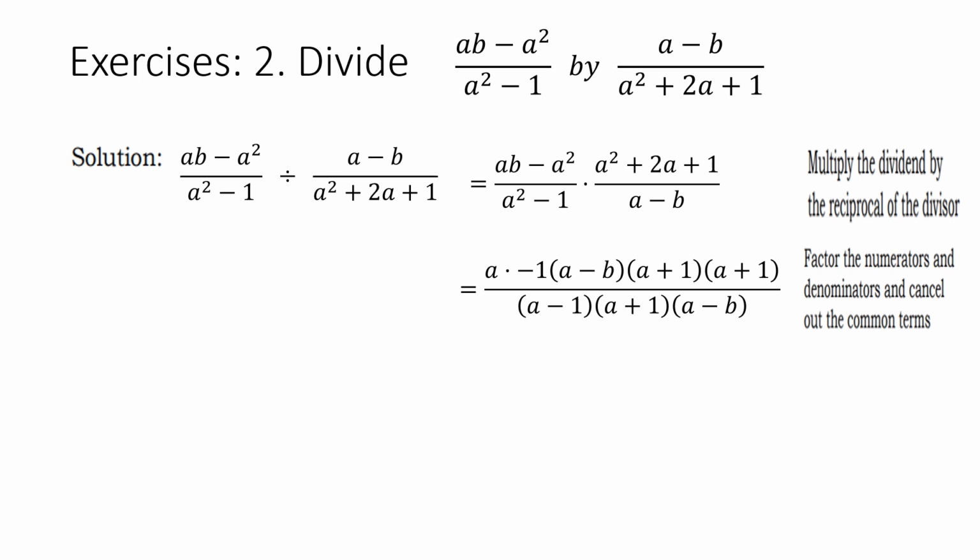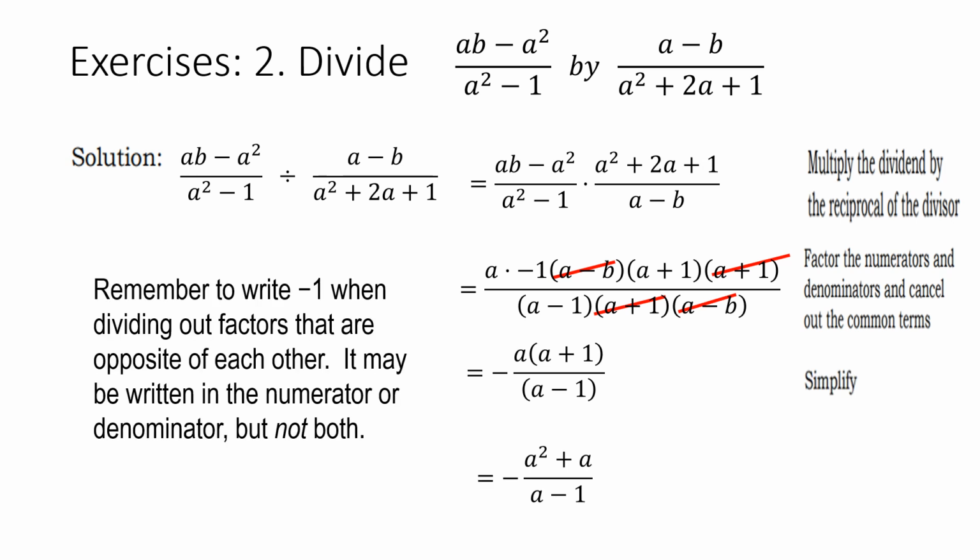So ano ang common sa aton numerator and sa aton denominator? We have a minus b, and then a plus 1. May ara pa? Wala na. So that means that is already what is left in our numerator and denominator.